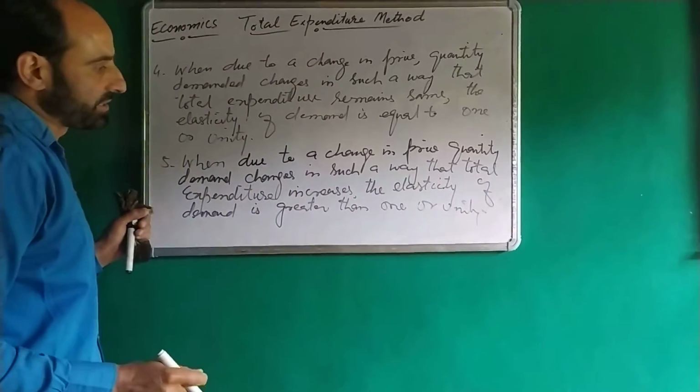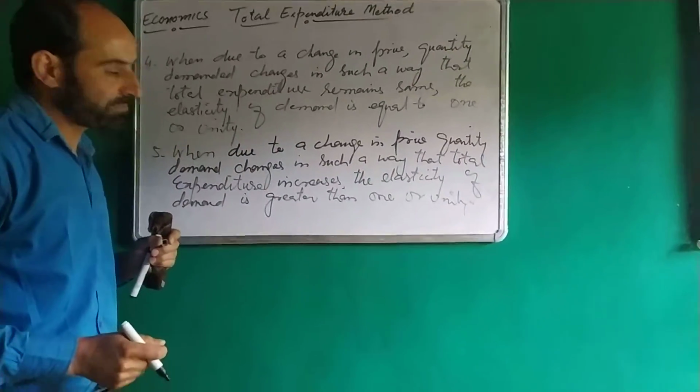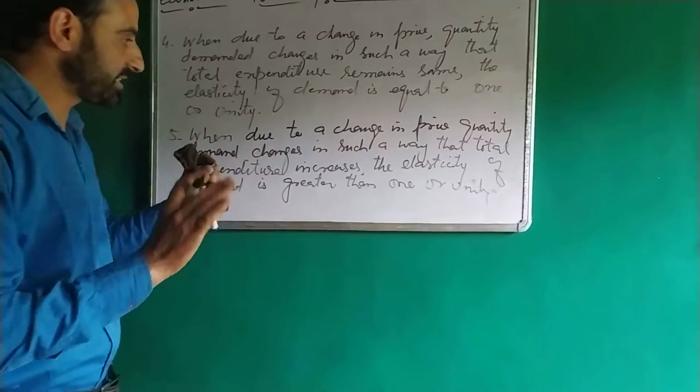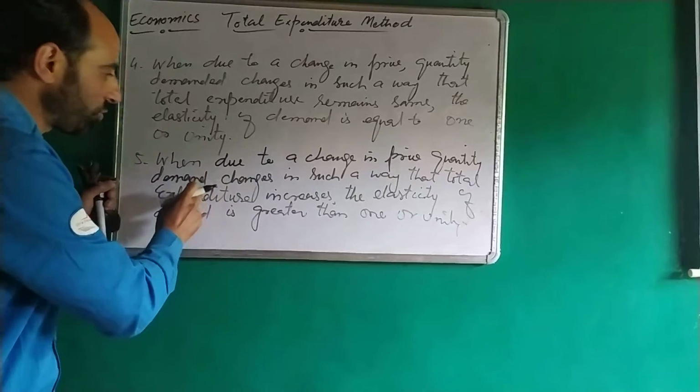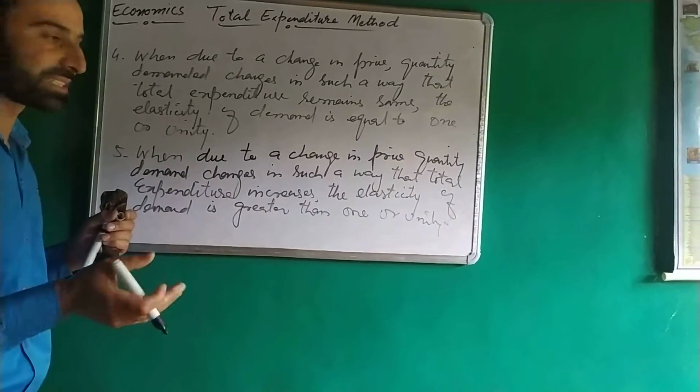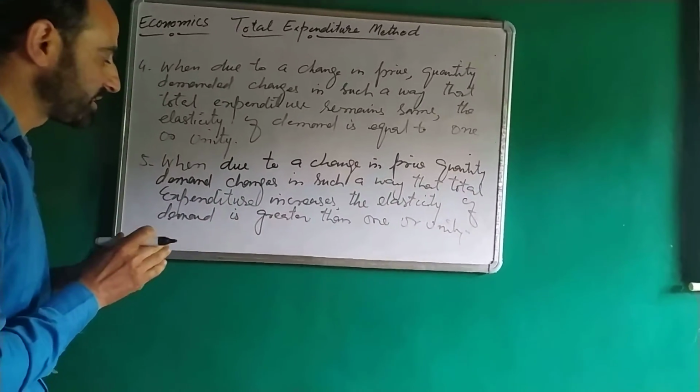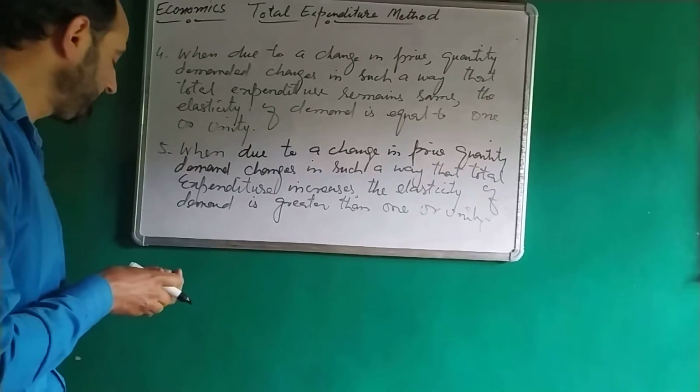This is second condition. When due to a change in price, quantity demanded changes in such a way that total expenditure increases, here elasticity of demand is greater than 1 or greater than unity.